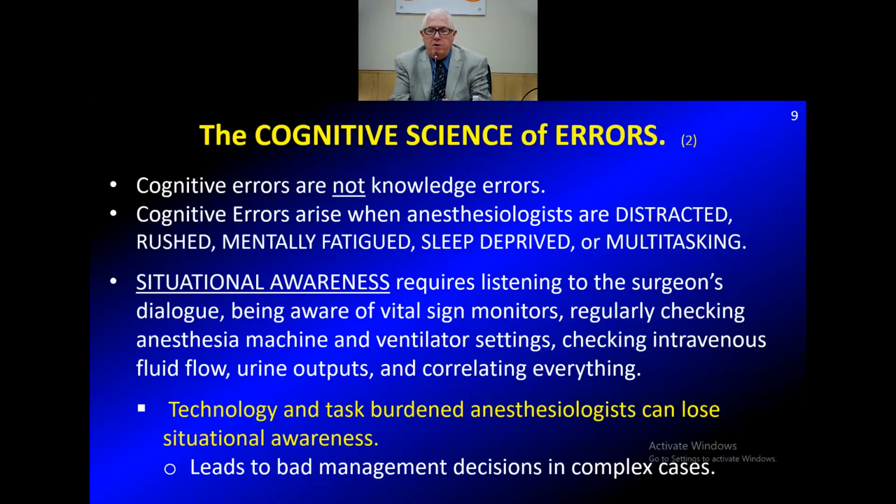If you overburden the anesthesiologist that way, they will lose situational awareness, and that will lead to bad and belated anesthesia management decisions. So the remedies we apply to making drugs safer under anesthesia must be very ergonomically efficient and not burden the anesthesiologist.